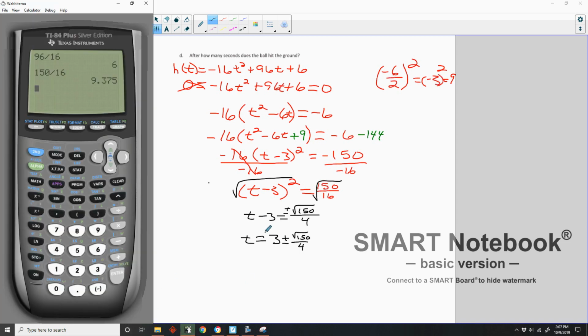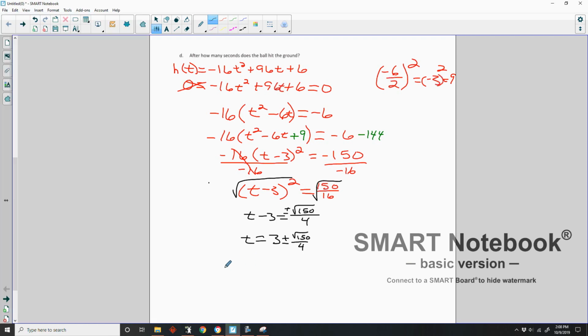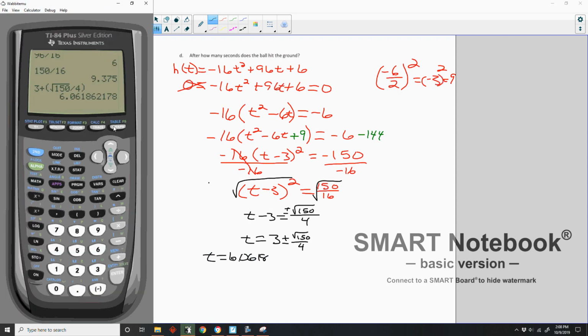So it's t equals 3 plus the square root of 150 divided by 4. Okay, and that equals, so t equals 6 point 0.618. Okay, 0.618 or 0.619 if you round it up, but that's close enough.